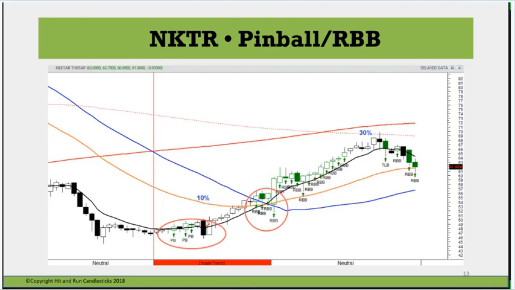Traffic kills you. Well, the pinball setup, again, is not trying to pick the bottom. And again, that's how I was originally taught and failed miserably at it. The whole idea, and this is where the T-line came around, that little black line.